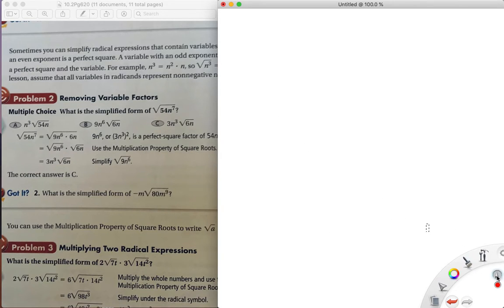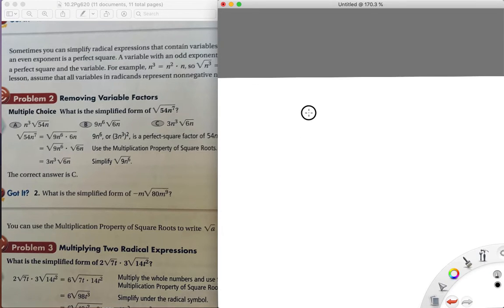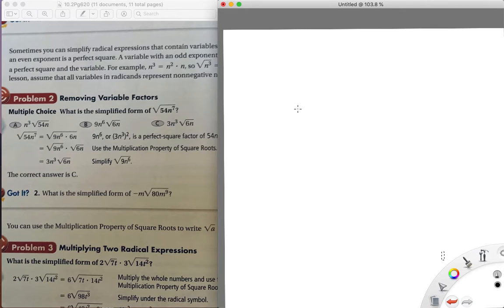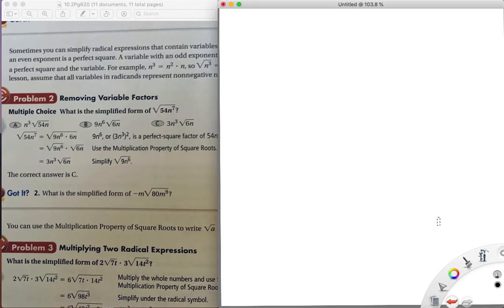What the heck? Now that's interesting. How do I get rid of that? Hmm. How do I undo that?